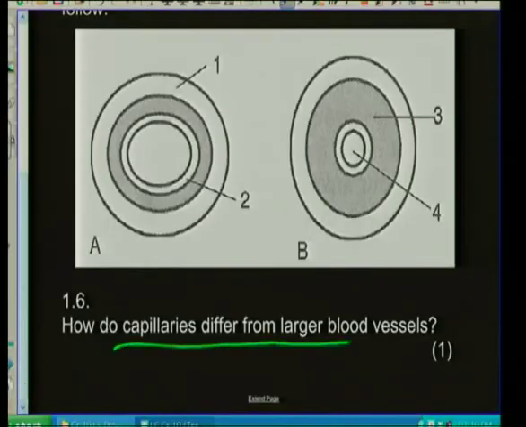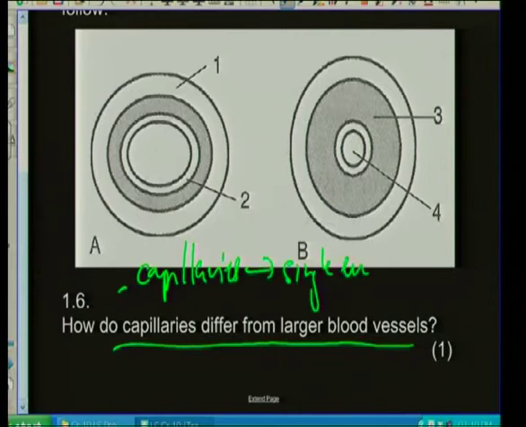Still with this, how do capillaries differ from larger blood vessels? How do capillaries, in other words, differ from the veins and the arteries? And it's very simple. Capillaries have a single endothelial layer only.